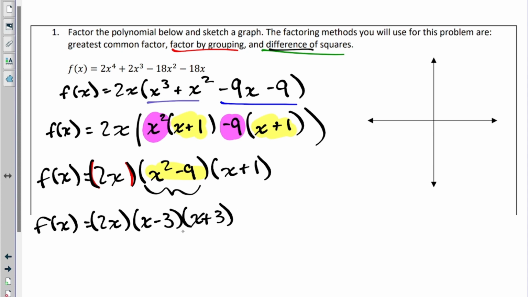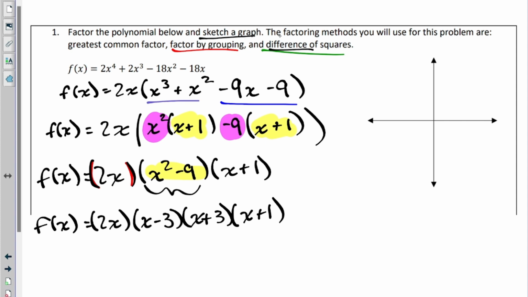I'd get a minus 9 from the negative 3 times 3. But then the b term, like the something x, would cancel out because I have negative 3x and then positive 3x, and those two together combine to 0, right? Positive 3x minus 3x is 0. And then we have this last polynomial, x plus 1. And that's it. Cool, we did it, we factored it.